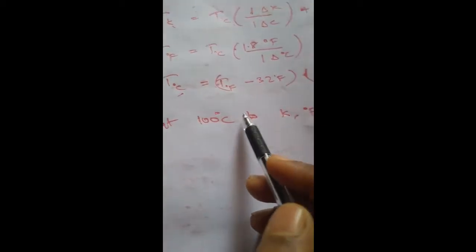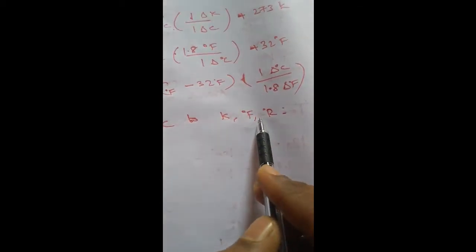Let us convert 100 degree Celsius to Kelvin, degree Fahrenheit and degree Rankine using the above four equations. Okay, we have to convert 100 degree Celsius to Kelvin, degree Fahrenheit and degree Rankine. So what is the formula?